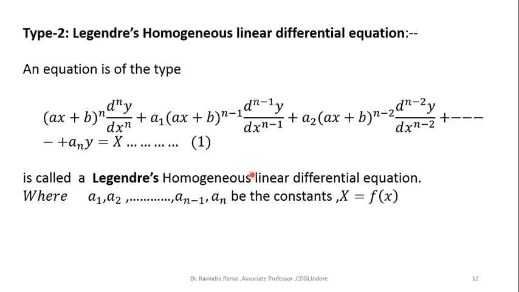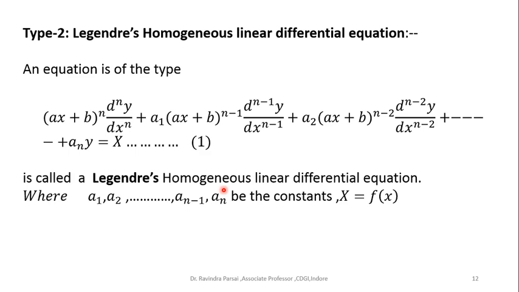Now we concentrate on one more category of homogeneous differential equation. It is called Legendre's differential equation. Only the change is that in place of simply x alone, here we have the linear factor ax plus b. So ax plus b is repeated in each derivative term, and excluding this, there are terms with the dependent variable and a function of the independent variable x.